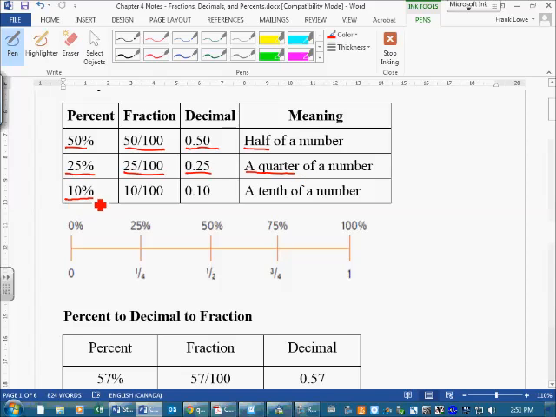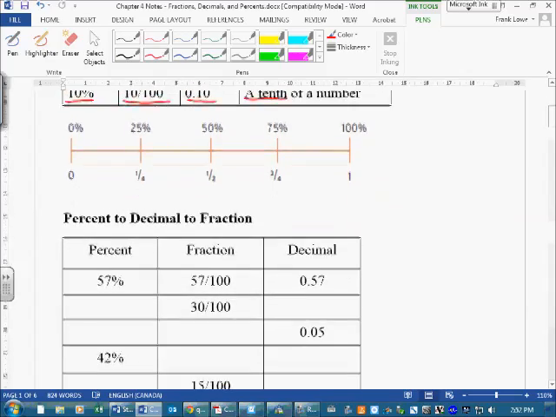Okay, 10%. Yeah, you betcha. That is 10 out of 100. And we can express that as a decimal. That would be 0 and 1/10 or 0 and 10 hundredths. Either is correct. Okay, and that is always 1/10 of a number. We're going to work with 50, 25, and 10 quite a bit, so we'll come back to these quite a bit.